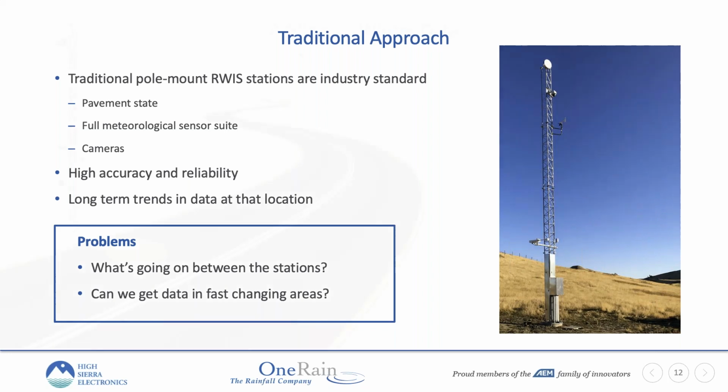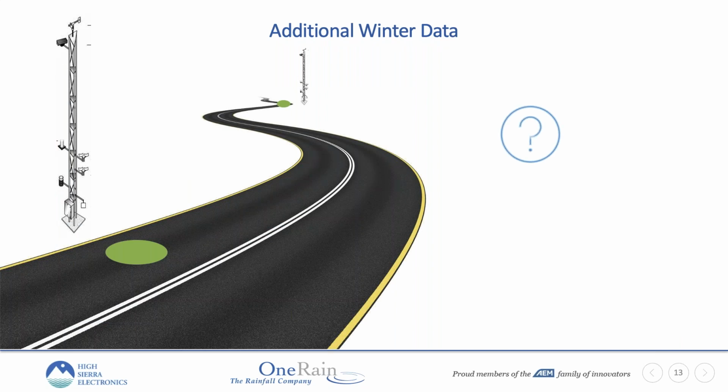This is just a pictorial diagram. You can see we have our two traditional pole mount RWIS stations on a road segment here, and we have two data points that are recording maybe pavement temperature, let's just say. But the question is, what's going on between these two data points?